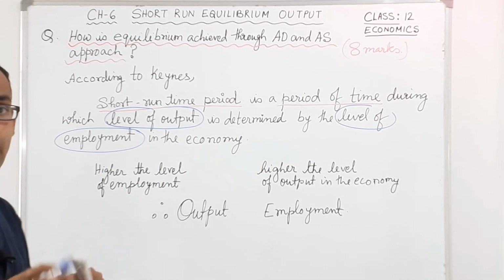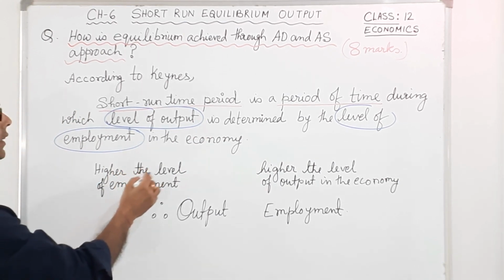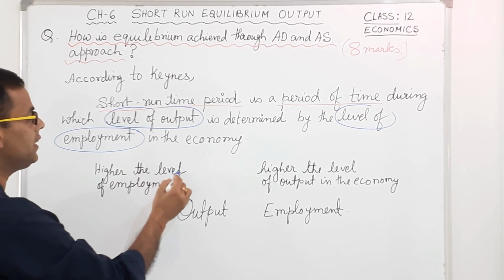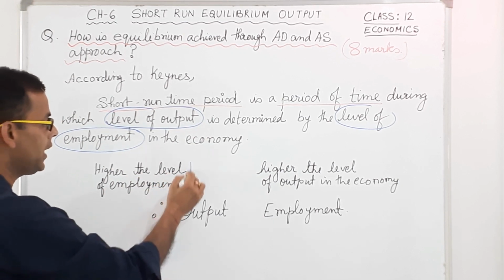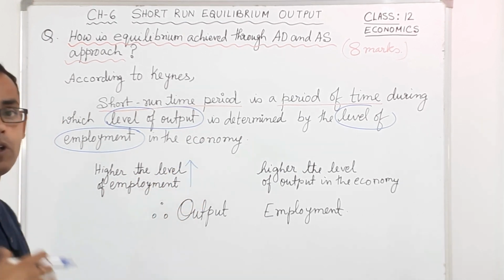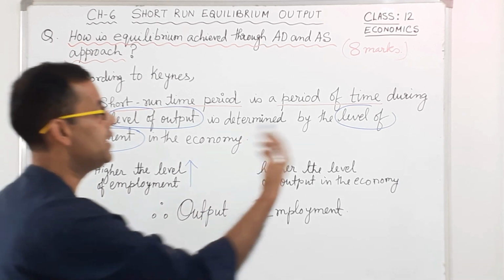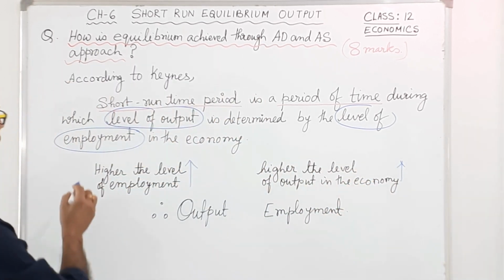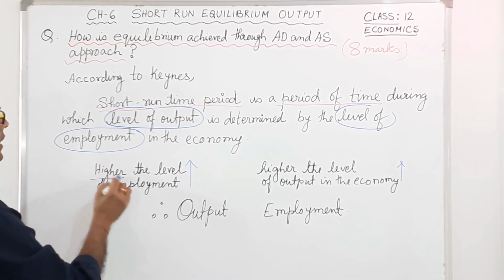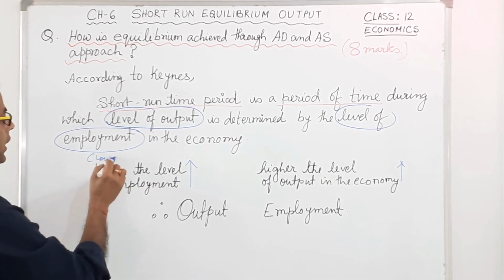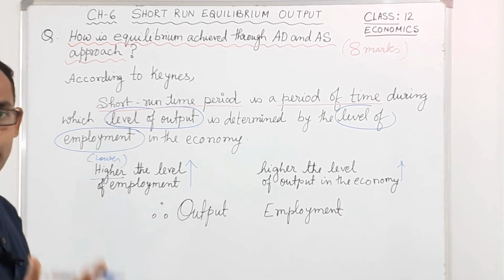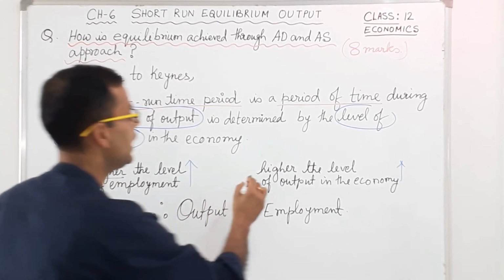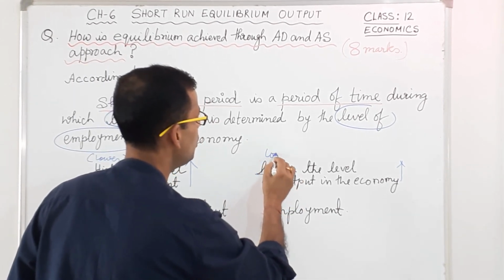That means if I say higher the level of employment of resources, then higher will be the output. Instead of higher, if I use the word lower employment of resources, then output also will become lower.